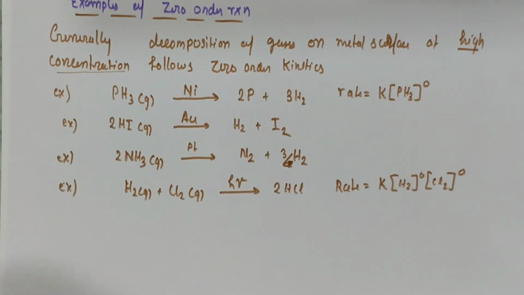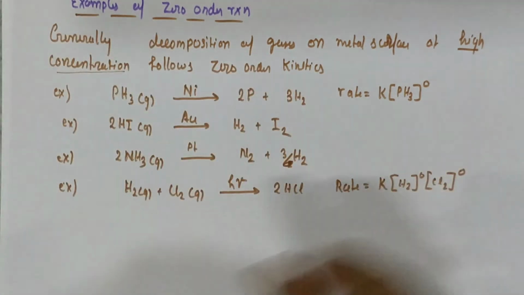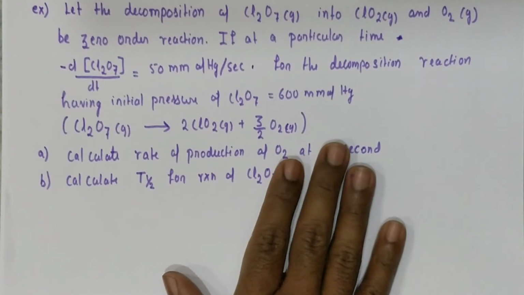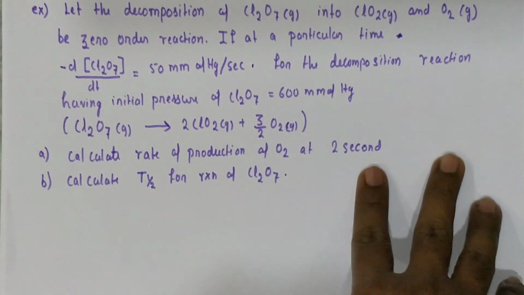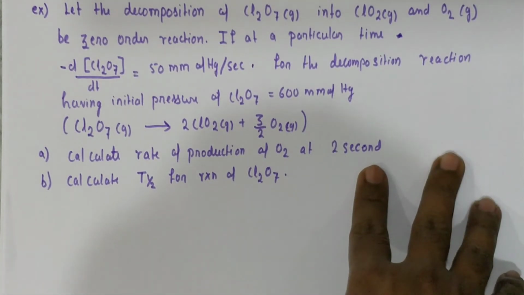So next we can write one example. So the question is, let the decomposition of Cl2O7 into ClO2 gas and O2 gas be a zero order reaction.